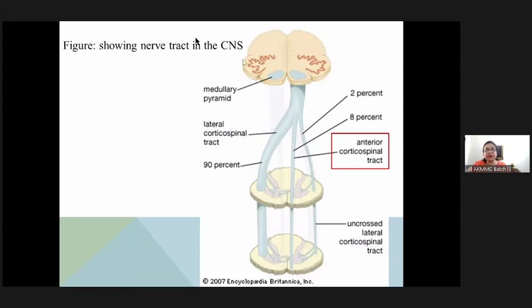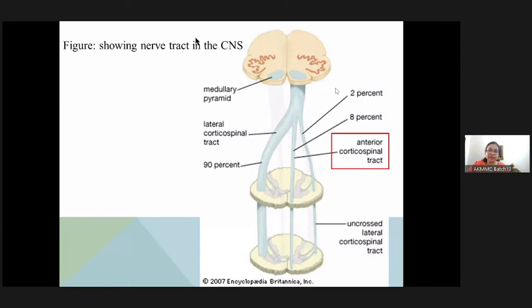It will be known as a nerve tract, like the corticospinal tract, which is coming from the cortex of the brain to the spinal cord. This is a bundle of fasciculus inside the central nervous system.